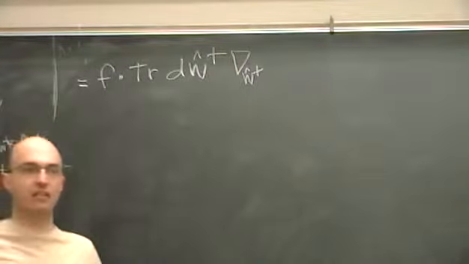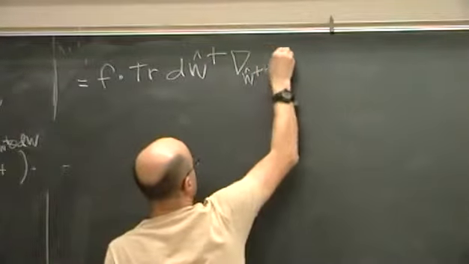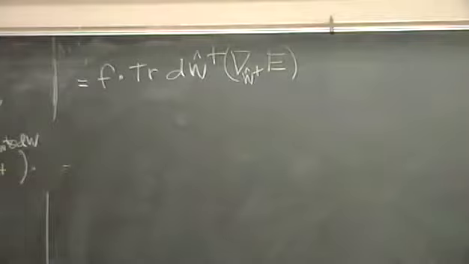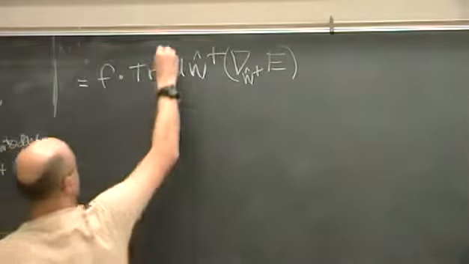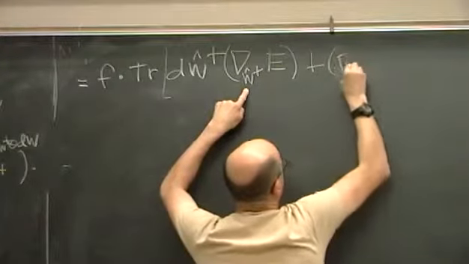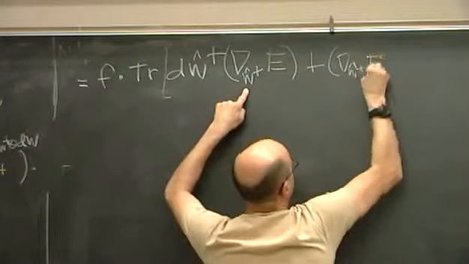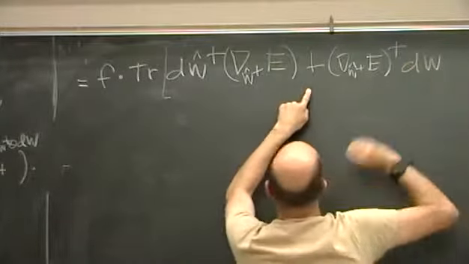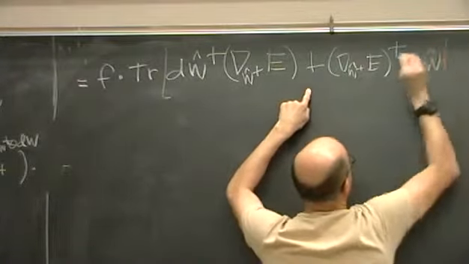But that's just terminology. That's all these parentheses. And evidently, the rest of what I got was the Hermitian conjugate of this, right? Grad W dagger E, its conjugate, multiplying dW. That's the expression.